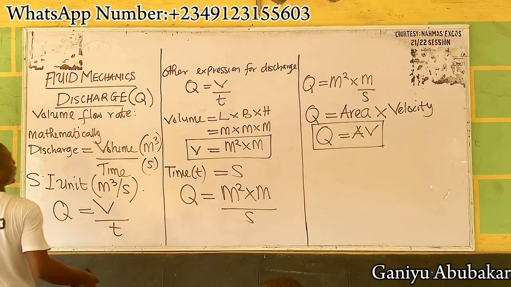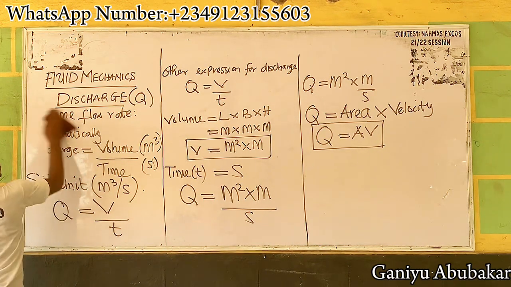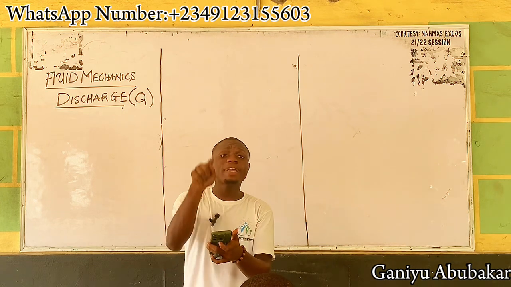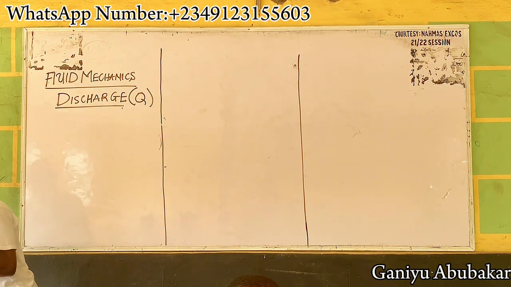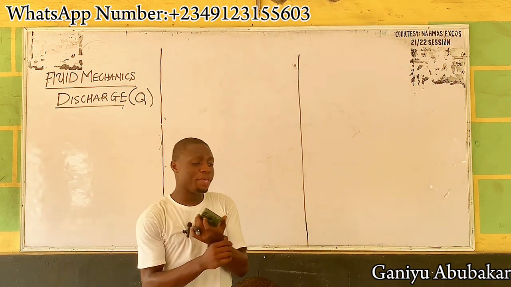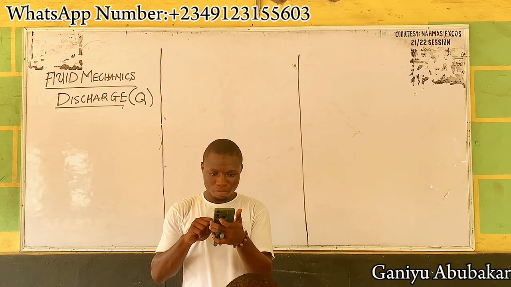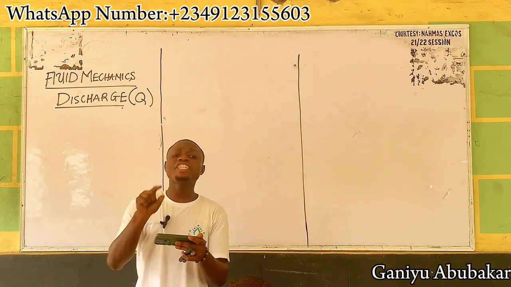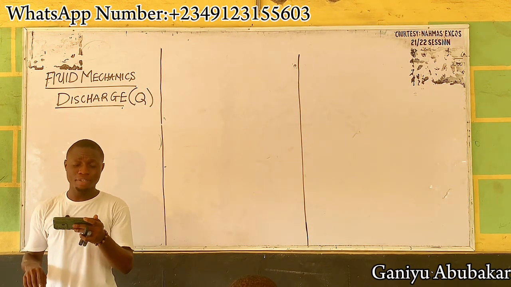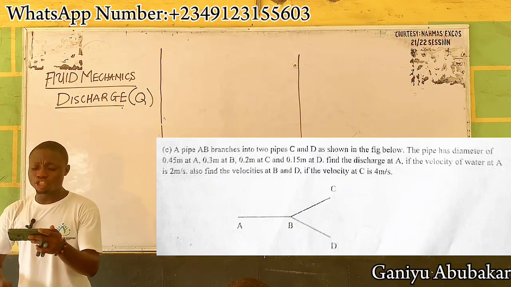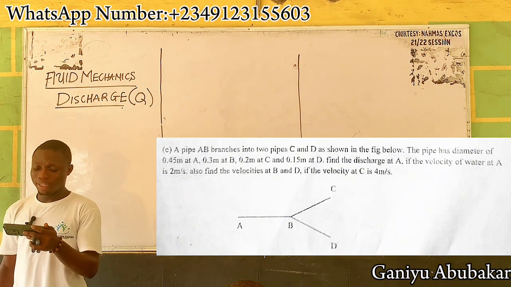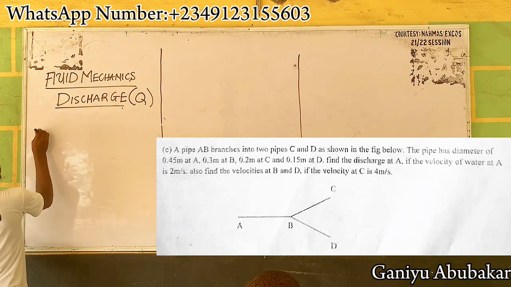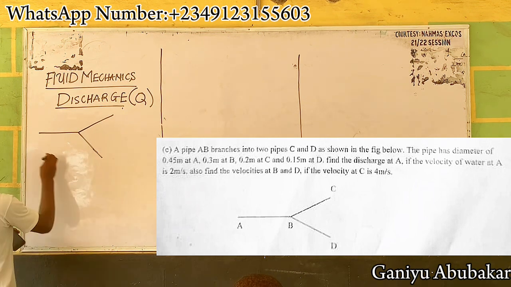Let's do past question number one. A pipe AB branches into two pipes C and D, as shown in the figure below.